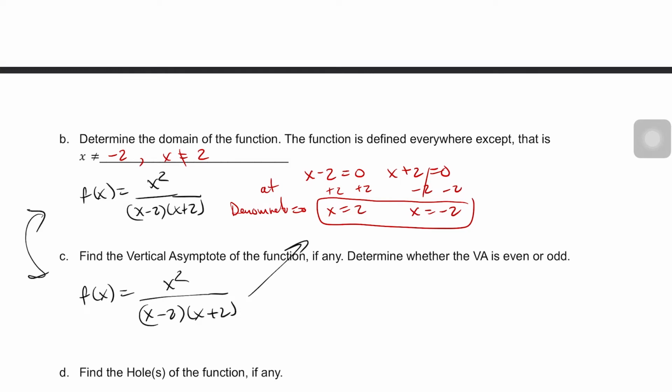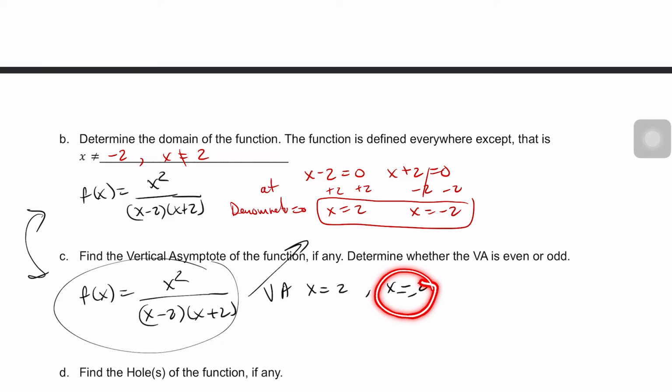But we already did that before, right? It's the same one as before, because the only difference that would happen here is that if there was something we were able to cancel, then we would exclude that number that we cancel. But we didn't, so they happen to be the same.